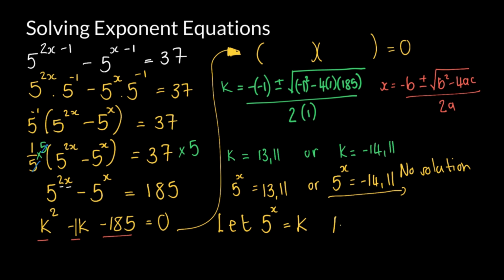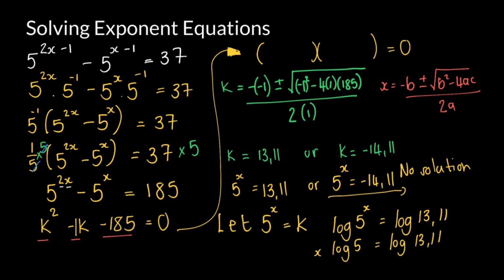Okay, so we're going to get log of 5 to the power x is equal to log of 13.11. Now, there's a function in log that says that I can take that x down, so I can end up with x times log 5 is equal to log of 13.11.